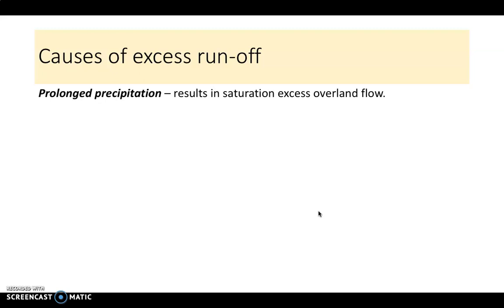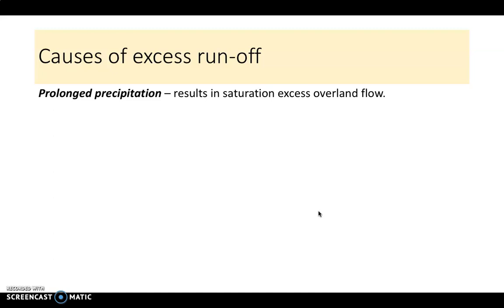To begin with, we'll talk about prolonged precipitation. So this is where you get rainfall or snow or hail for a very long period of time. Think about the weather that we had in Sheffield through the autumn and into the winter, where we had very high levels of rainfall. And what happened was we got something called saturation excess overland flow.